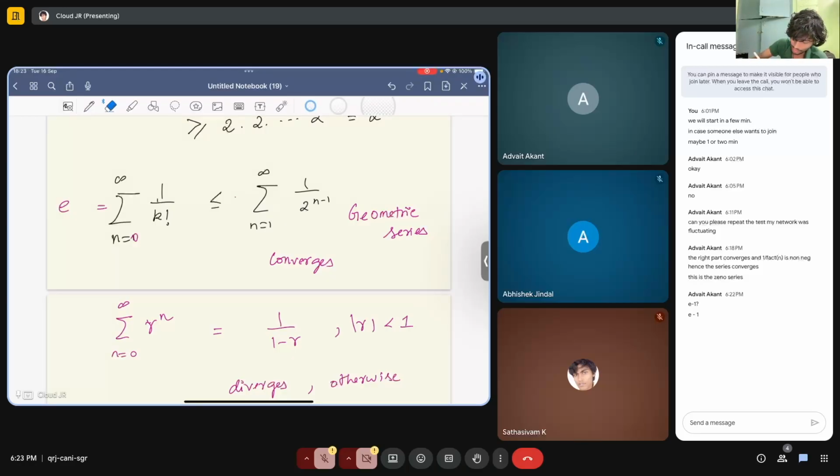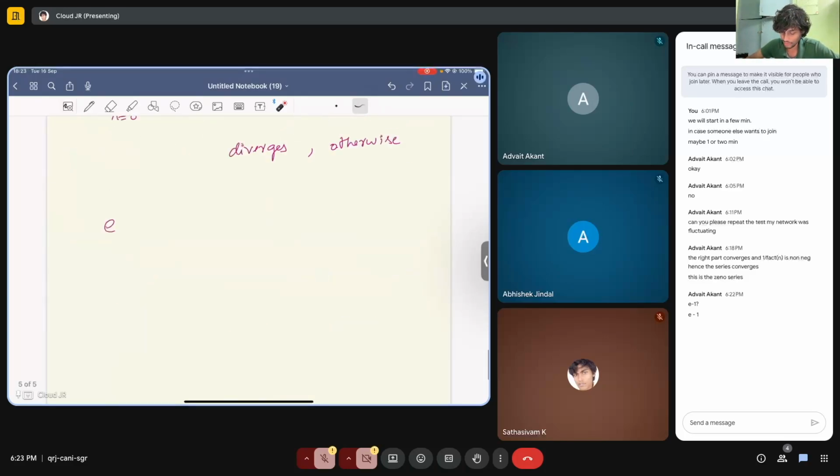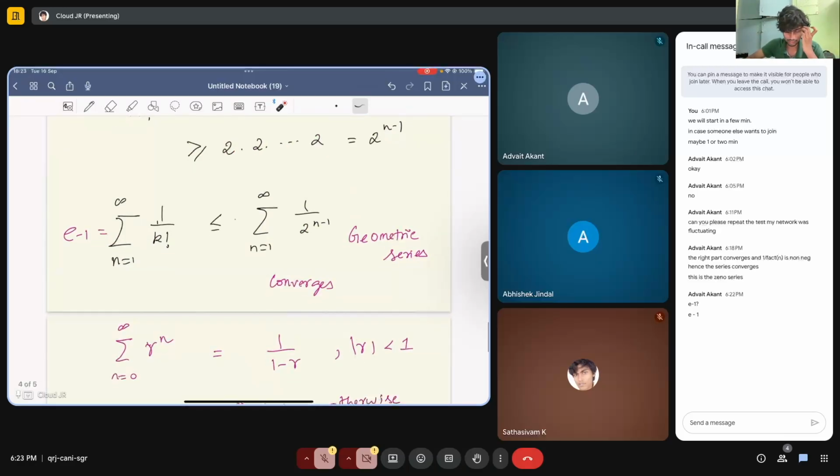Anyway, maybe I'll write e minus 1. That's fine. So the number e is basically defined as a series of this form, and for some reason it appears everywhere, and hence it's very useful.